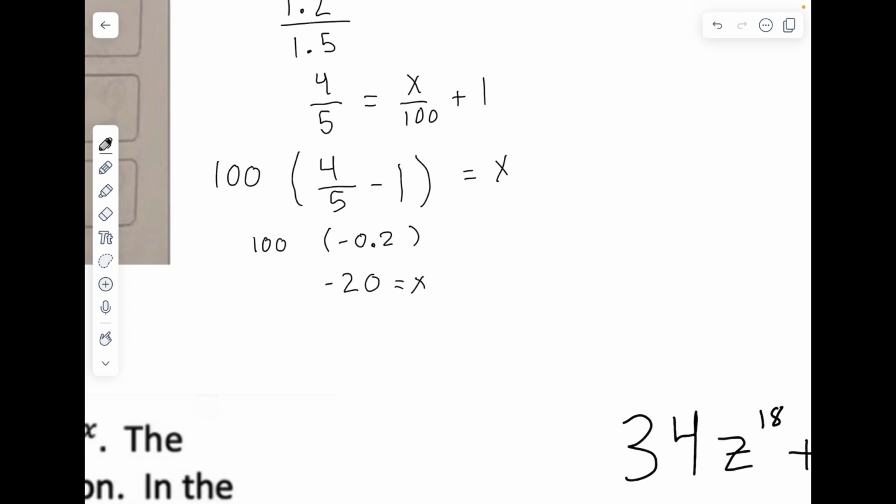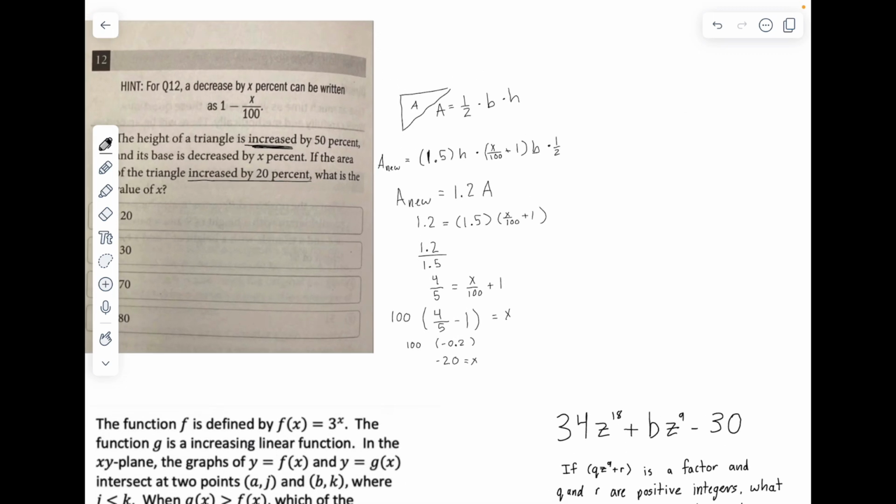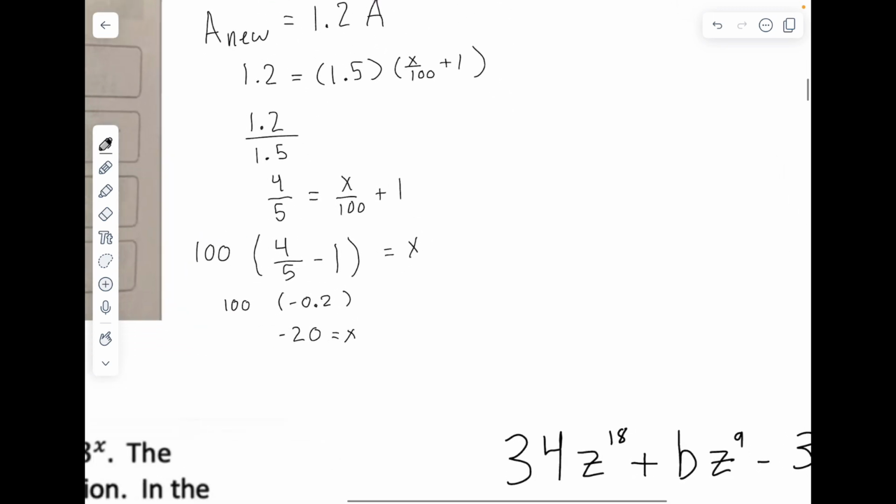So once we do this, we can see that x equals -20, and we know it decreased by x%, so that means it decreased by 20%.